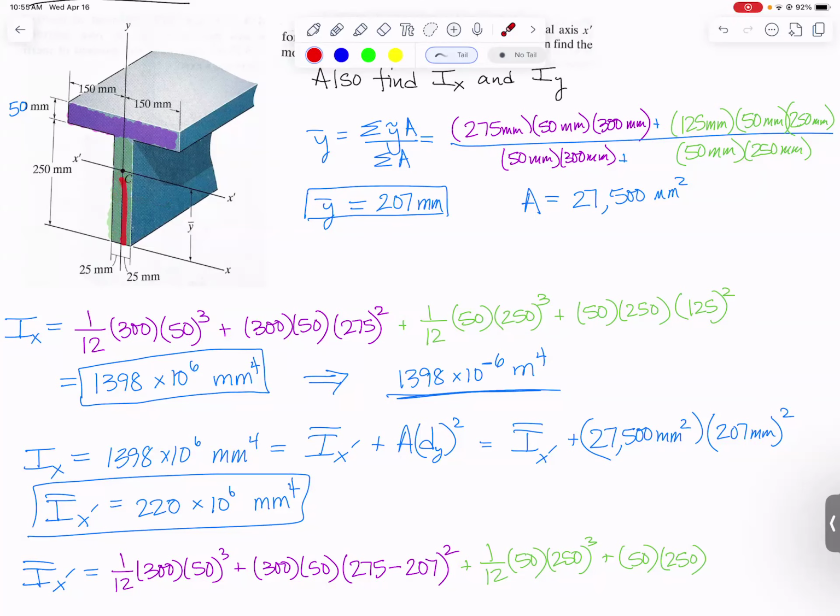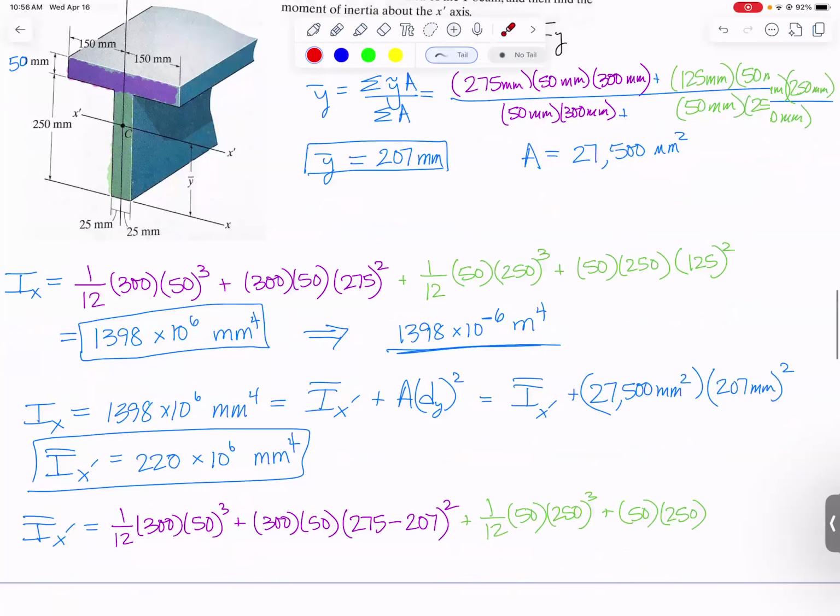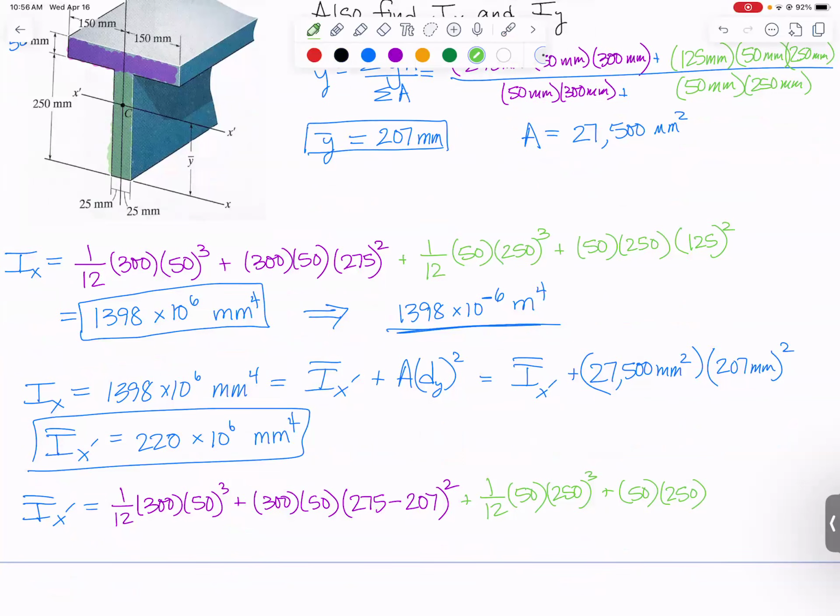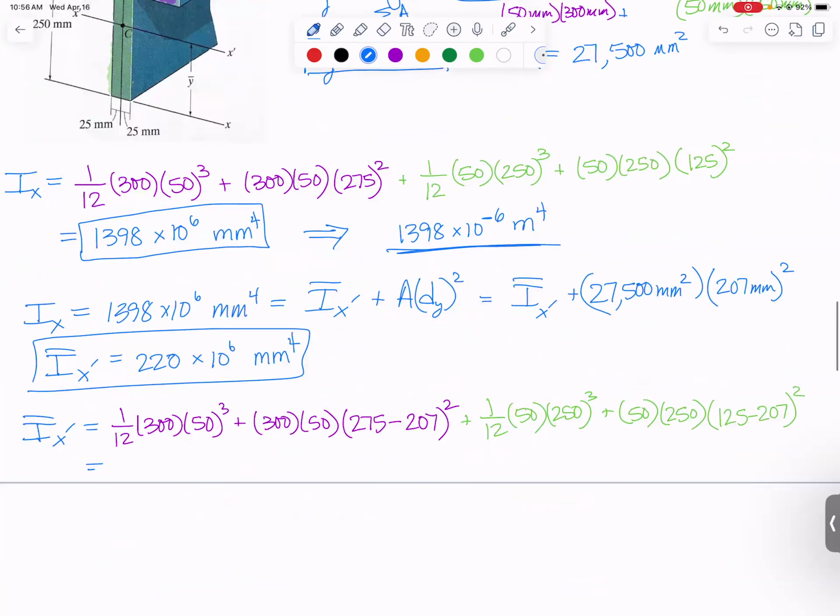So if the centroid is 207 up and the center of the green rectangle 125 up, I can just subtract those two. You can subtract them any order you want. You can take the 125 minus 207, it'll be negative, but then when you square it, the negative goes away. And if you run through all of that math, it's more math, you should get 220 times 10 to the 6th millimeters to the 4th.